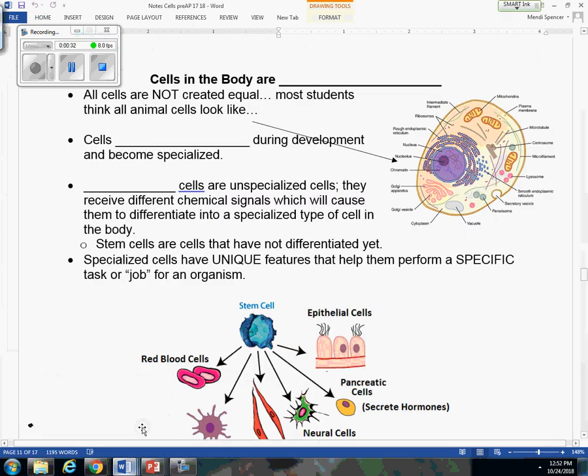So this is about 2/3 of the way through your notes, and this is where we're going to talk about cells in the body that are specialized. Here's what I mean by specialized. When I look at students, I think that you guys are unspecialized students.